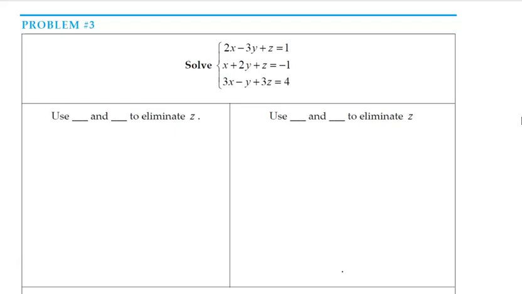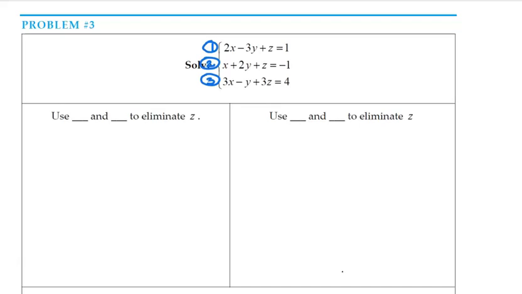Okay, let's do one more here. Probably do just a couple more on this just to make sure you really have down how to solve these systems of equations. So again, on this one, I'm going to label it equation 1, equation 2, and equation 3. And on this one, it's giving us a hint to eliminate z.